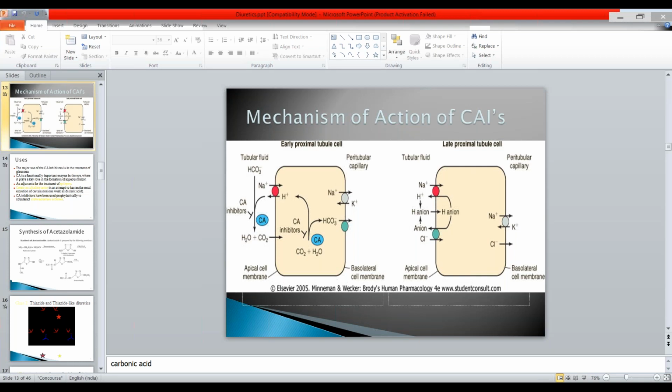Okay, so this is a disadvantage that happens when you are using a carbonic anhydrase inhibitor.